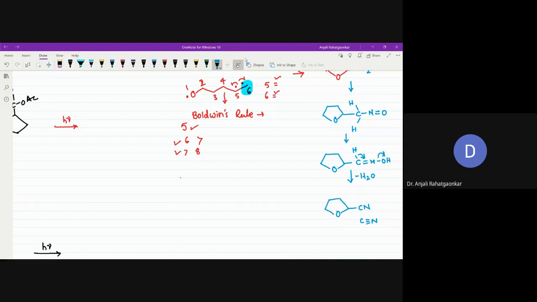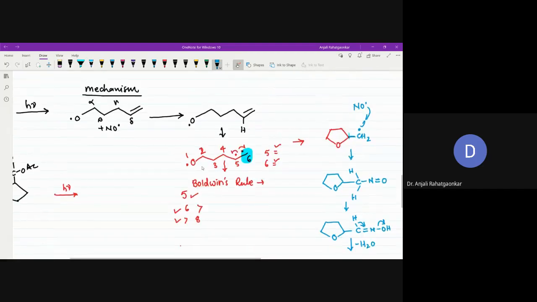Why is this an exclusive mechanism? Because we have used a certain different type of chemistry, that is Baldwin's rule, where the priority of the ring closure has been explained over here. आप अच्छे से पढ़ लो Baldwin's rule बुक में, या फिर आप गूगल भी कर सकते हो, it is given over there.